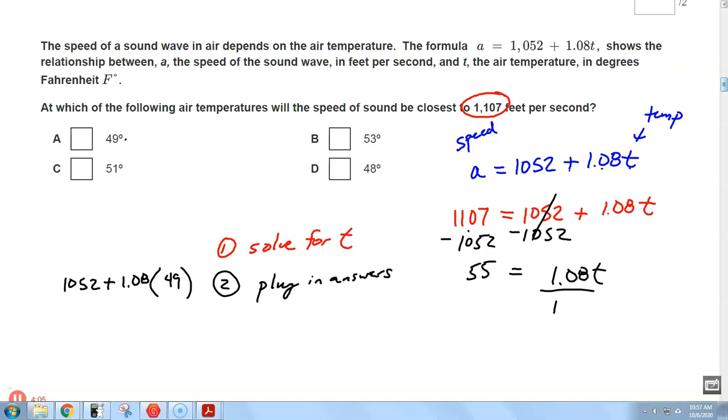Then I'm going to divide both sides by that coefficient, 1.08, and pop that into my calculator. Let me reach over and grab my calculator. 55 divided by 1.08. Boom. I'm getting about 50.92, and the answer that looks closest there would be 51 degrees.